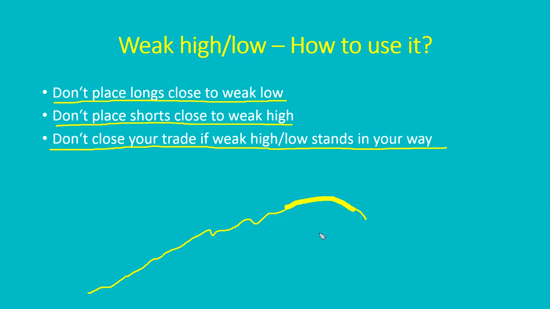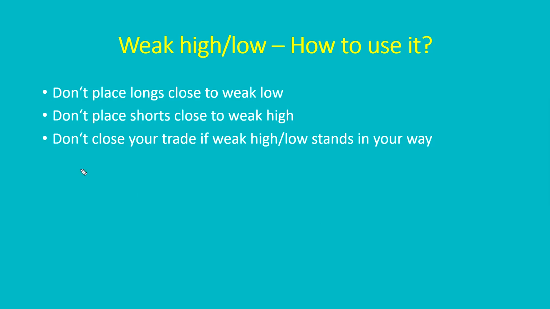So don't close your position, because the weak high will most likely get tested and the trend will continue at least a few pips above the high of the weak high. Alright? So if you are trading in a trend, if you are in a long position, don't close your position when there is a weak high, because the price will most likely test it.